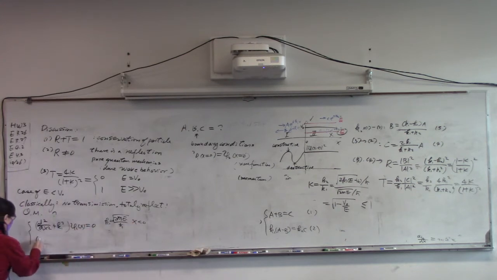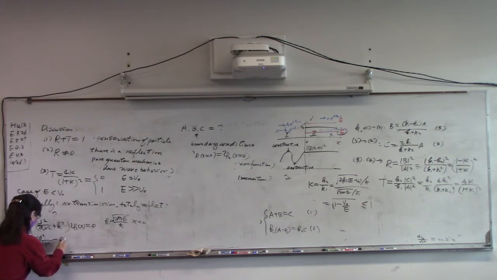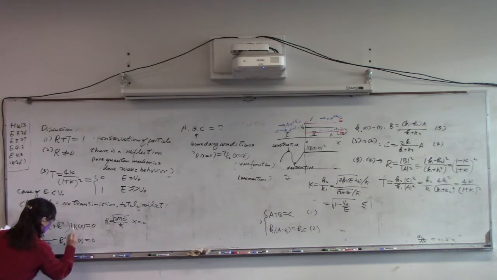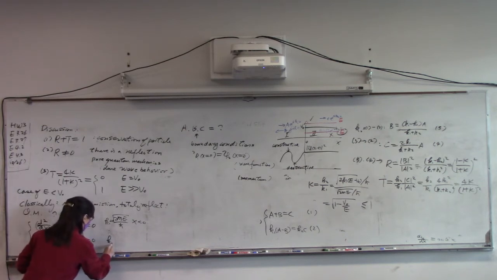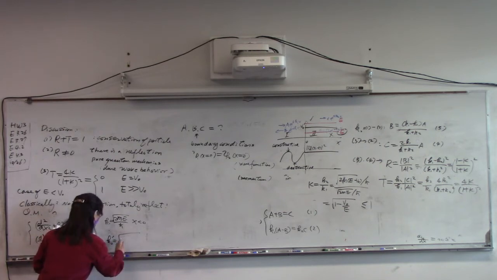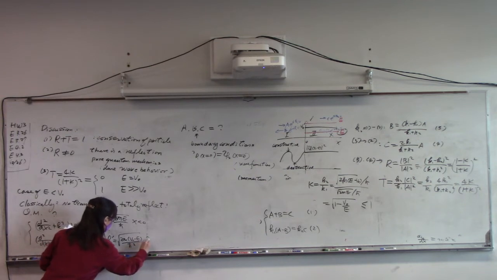And the second one is now minus k2 prime squared psi 2. Here, that's the difference. k2 prime is the square root of 2m times (V naught minus E) over h bar squared, because E is lower than V naught, right?